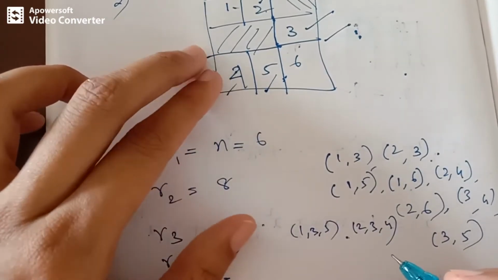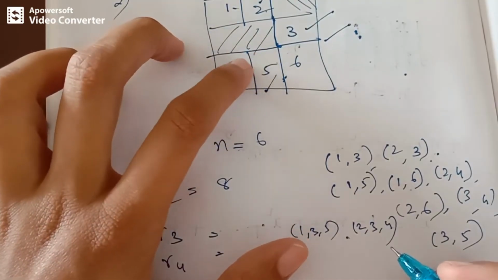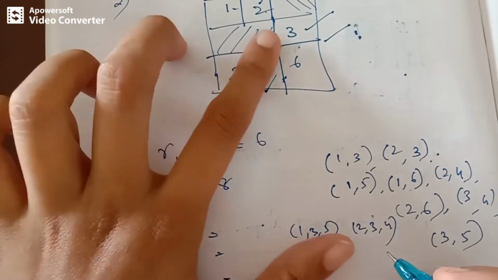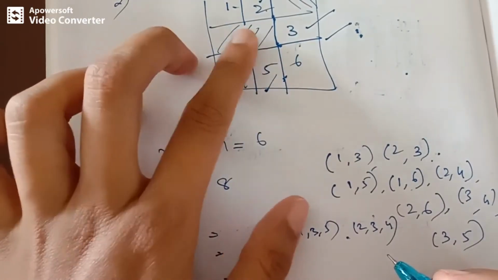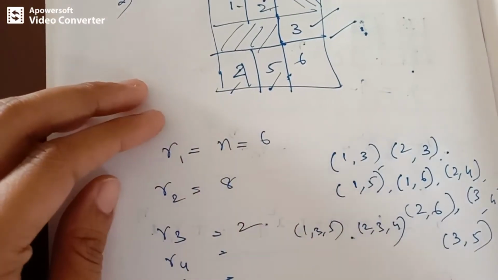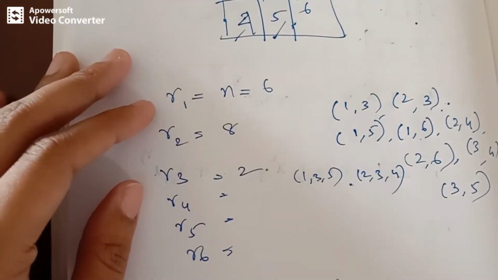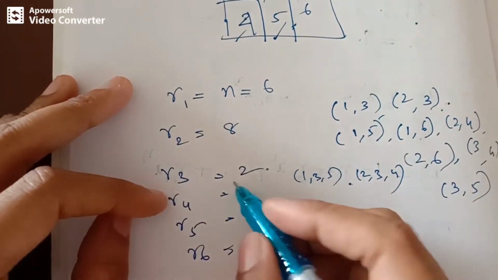From 1 I can have only 1, 3, 5. I cannot have 1, 3, 6. From 2 I can have just 2, 3, 4. I cannot have 2, 3, 5 or 2, 3, 6. So these are the maximum non-capturing rooks. So the value of R3 is 2.